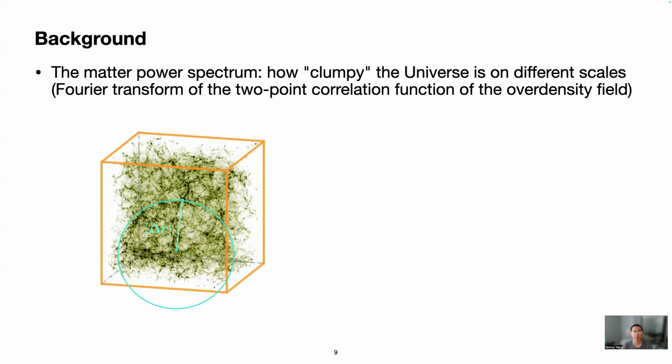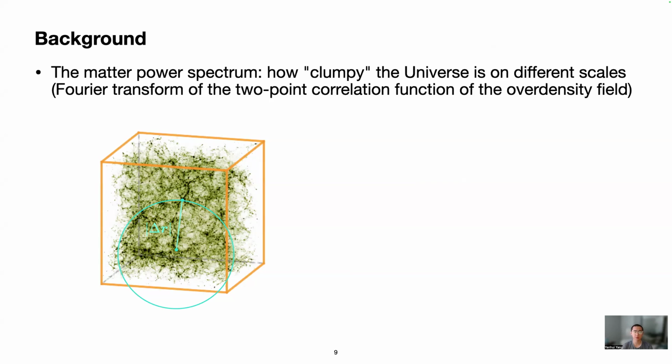The statistic that we are focusing on in this talk is the matter power spectrum. It describes how clumpy the universe is on different scales, which is also the Fourier transform of the two-point correlation function of the overall density field of the universe.